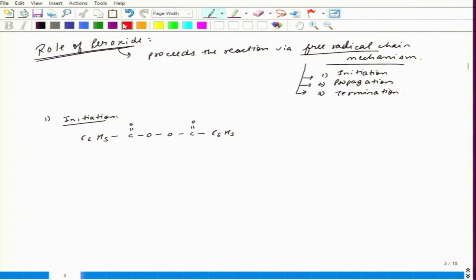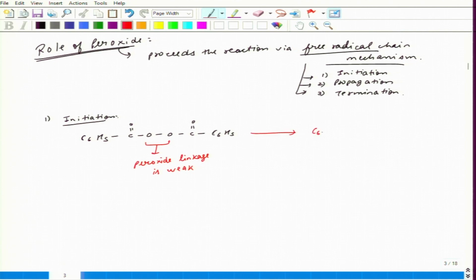Normally, it gives homolytic cleavage, meaning the bond is equally separated and gives free radicals. In some cases, it can also give a cation or anion, but the oxygen oxygen peroxide linkage is a weak bond. So, you must remember this.